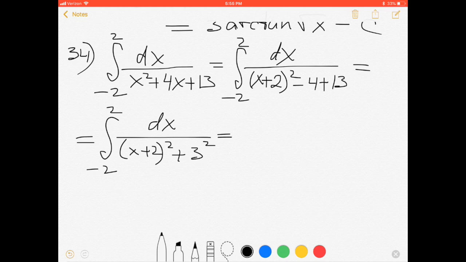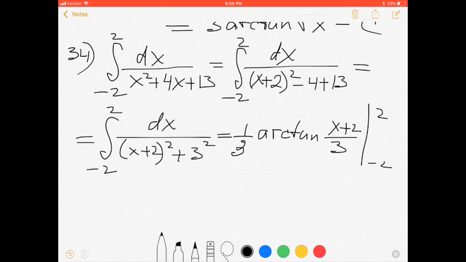And now you can see you have exactly arctan. And a, the coefficient, is 3. U is x plus 2. Du and dx, this situation is the same. This means we don't need any more substitution. And I can write 1/3, because 1 over a, arctan of x plus 2 over 3, plugging in from -2 to 2.